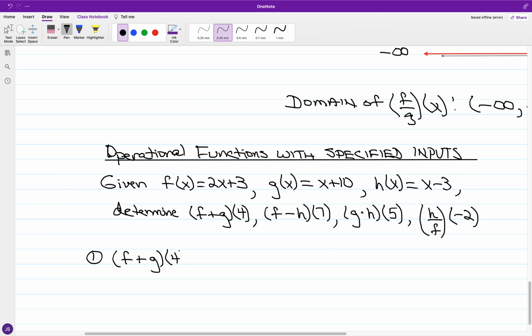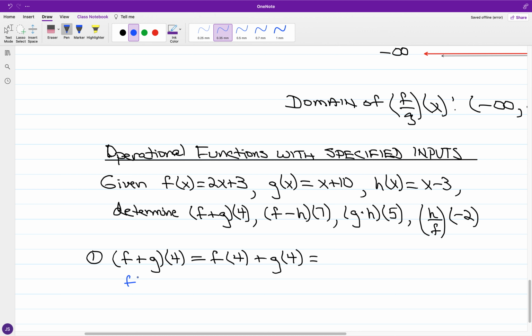Okay, so for f plus g of 4, just like f plus g of x branches out to f of x plus g of x, f plus g of 4, we can say that is f of 4 plus g of 4. Okay. And just looking at specifying what these values are going to be.